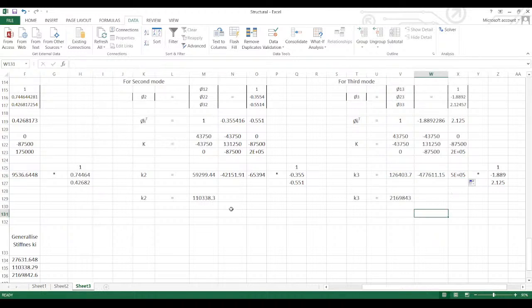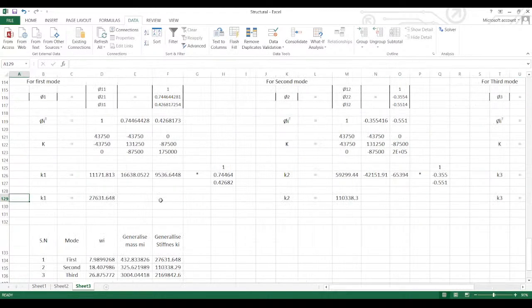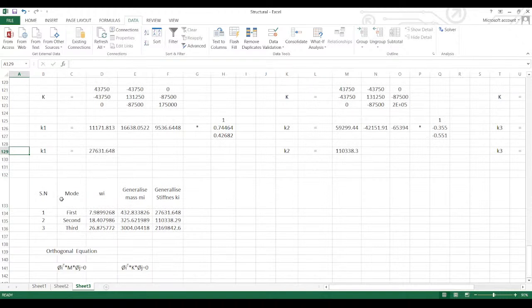You have calculated this, and again we have calculated this into this plus this into this, the simple matrix multiplication. Here we have got k1, k2, k3, and at last we have got the modal results: first mode, second mode, third mode, omega 1, omega 2, omega 3, and three different generalized masses.